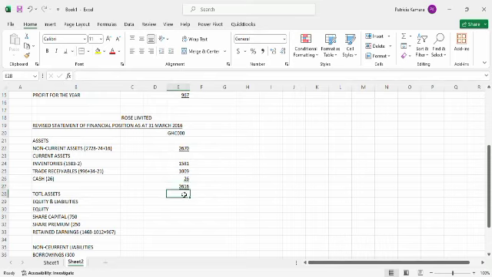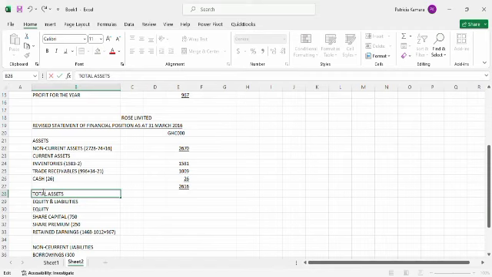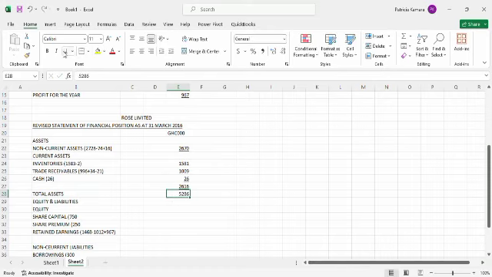So now our total assets will be our current assets plus our non-current assets. So 2670 plus 2616. That will give us 5286. So we are done with this.